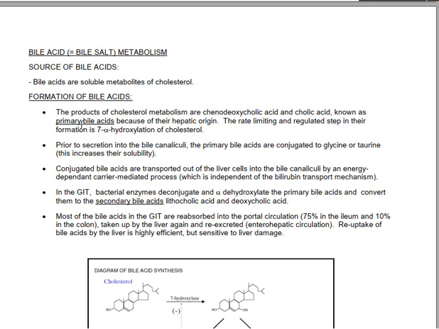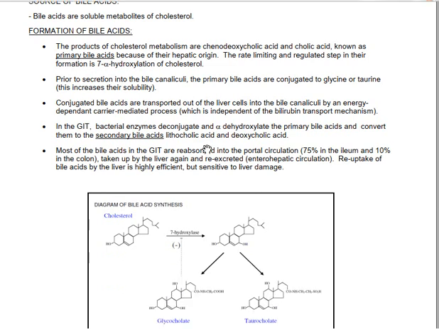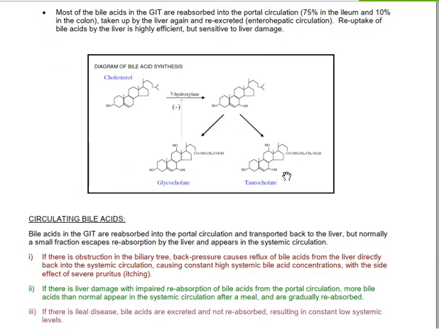When it is conjugated, it can be released via bile to the gastrointestinal tract, where the bacteria act to produce the secondary bile acids, lithocholic acid and deoxycholic acid. Later on, you have the enterohepatic cycle, where there is a reabsorption of the lithocholic acid and deoxycholic acid back into the bloodstream, which is then taken up by the liver such that it can be released again.